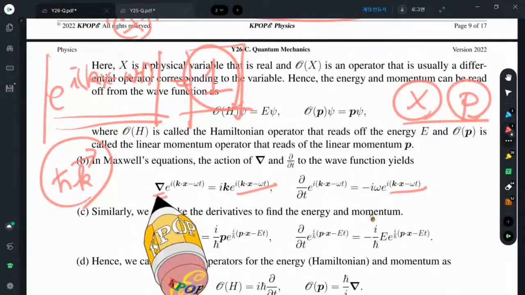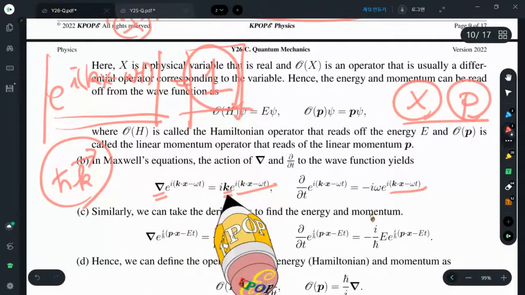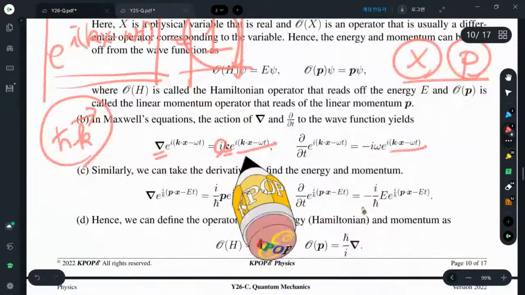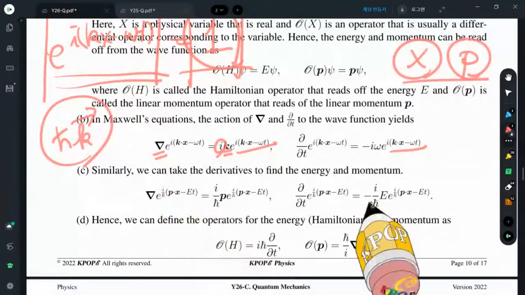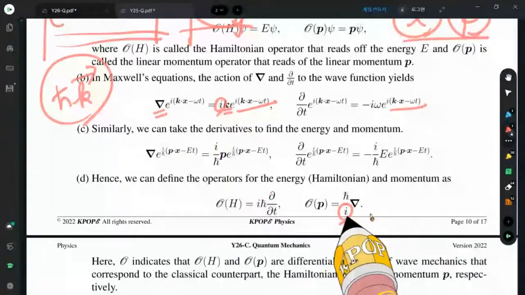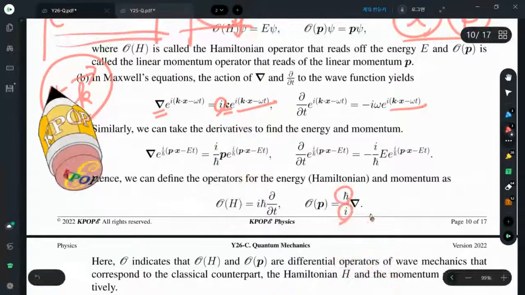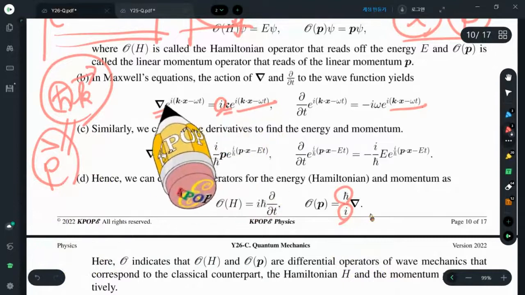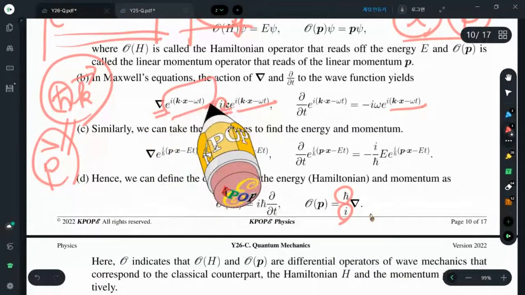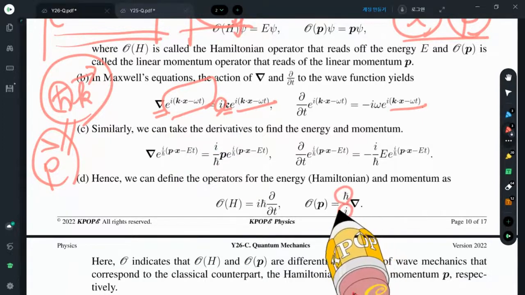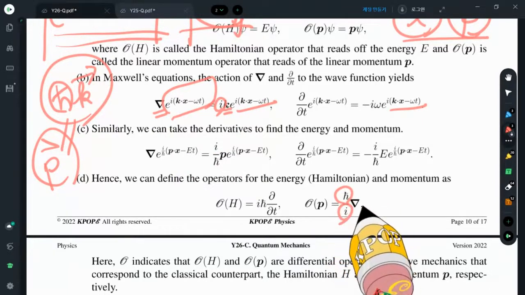The gradient operator is applied, then you have the wave vector. You don't like this imaginary factor, so we divide by i, and multiply by h bar to achieve this, then it is a momentum. To read the momentum of a monochromatic wave, what you do is h bar divided by i, then gradient.